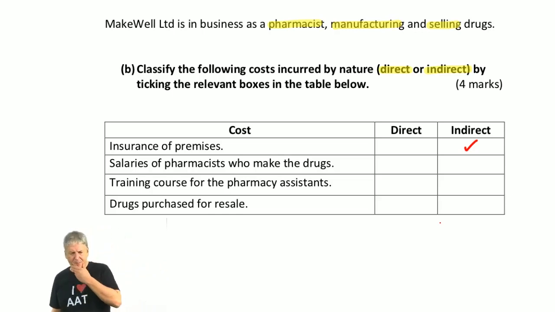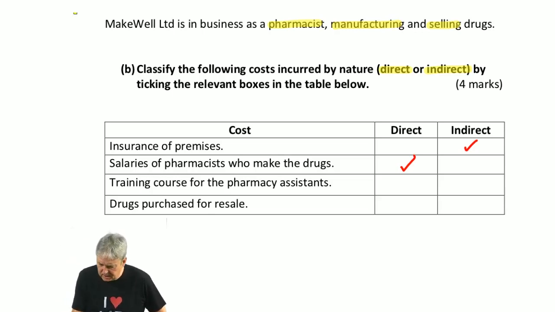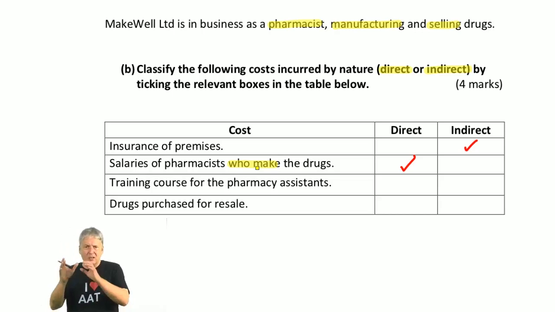Salaries of pharmacists who make the drugs. Well, I think that the suggestion is that they must be direct, and it's this bit, who make. They are directly related to the making of the drug. That must be correct.